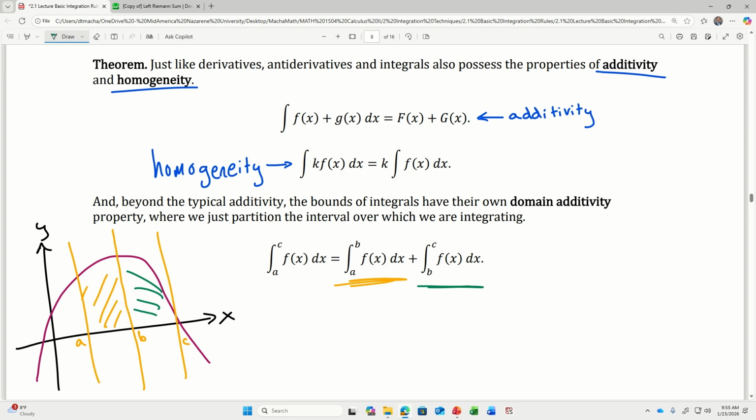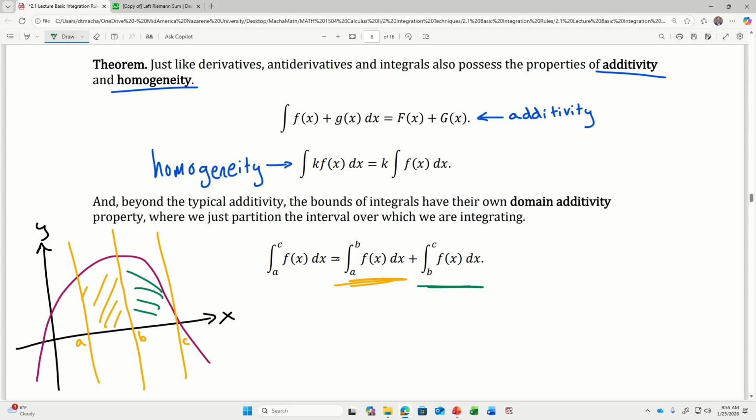So it's a way to partition the domain of the integral. But that rule always works for any function in your integrand, as long as these match up.